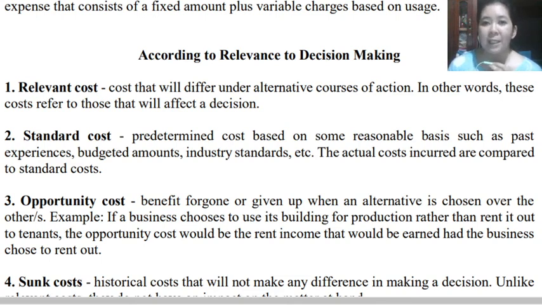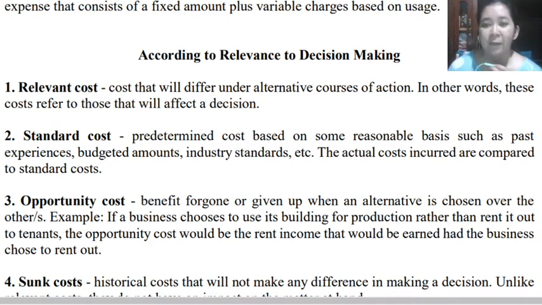An example of this is when you graduated from your senior high school, basically you will be allowed now to apply for a job. So you have the option whether you will apply for a job or continue to college. In these two options, there are relevant costs. If you stop and look for a job, then you will have a salary, okay, you will have an income.